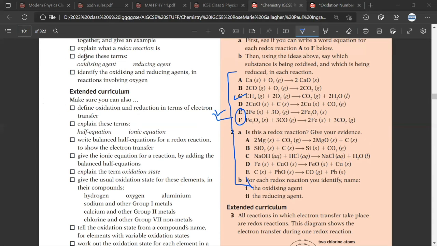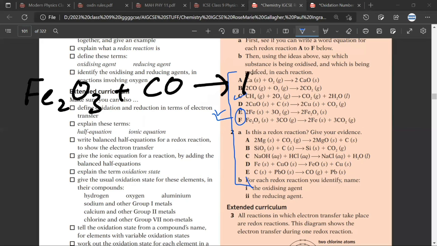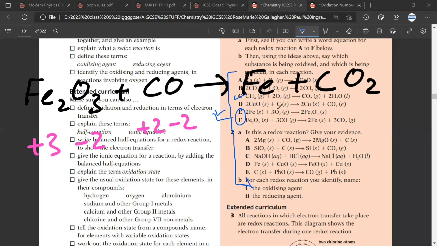I like this concept of oxidation number because even in confusing cases, things become very simple when you understand what oxidation numbers are. So let us look at this final example. Here this is minus 2, this is plus 3, this is minus 2, this is plus 2, this is 0, this is minus 2, this is plus 4.